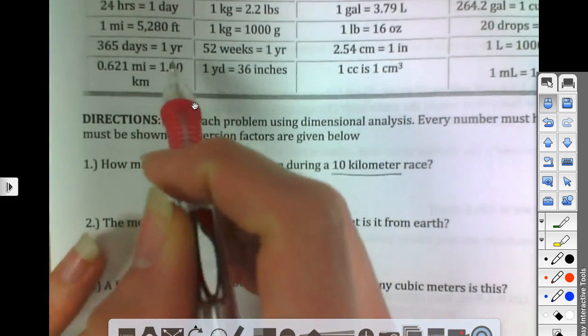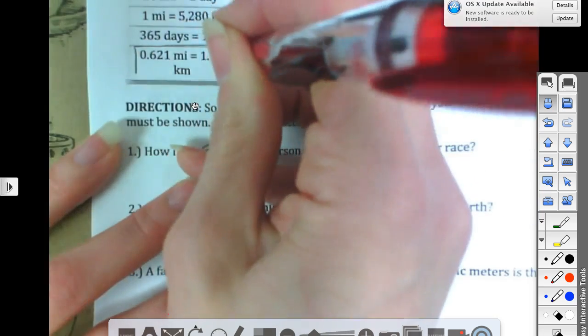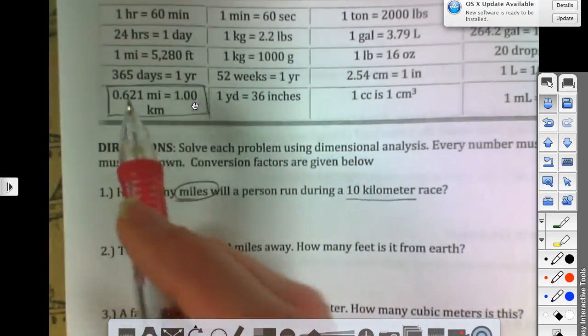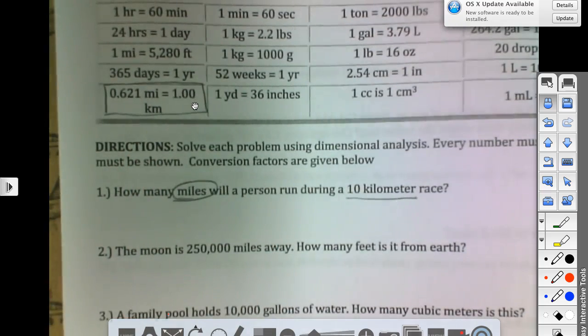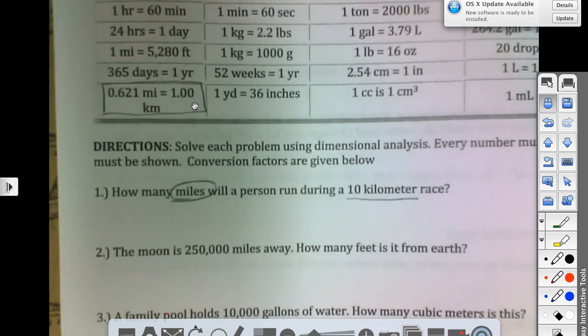Sometimes you might need 2, sometimes 3. That's okay. We're going to start with 1. Here is my conversion factor. I can write this as 0.621 miles over 1 kilometer, or 1 kilometer over 0.621 miles. I can write it either way, upside down, doesn't matter. It's both 1. Something divided by itself is 1.